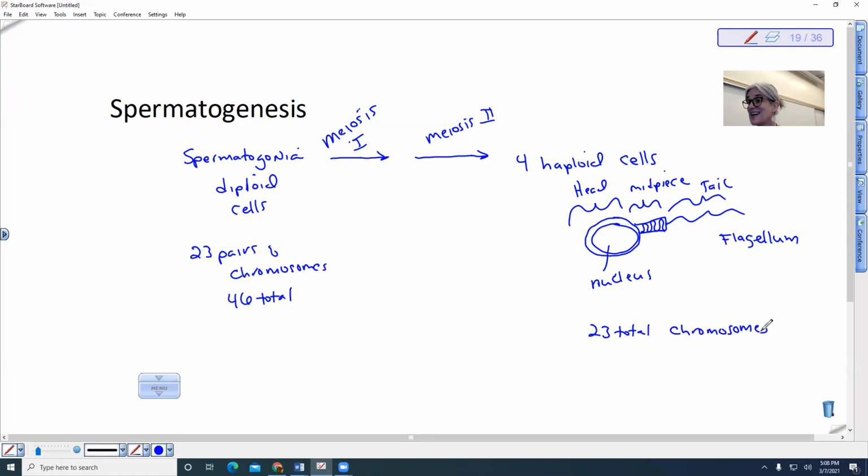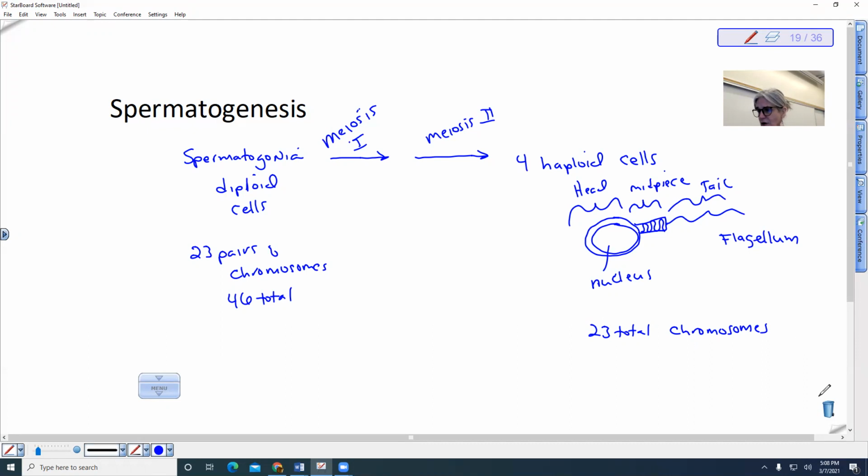So in that case, it has to be the sperm and the egg that come together to produce a diploid fertilized egg that could then become a zygote, and that could then undergo embryonic development to produce a whole new individual that is genetically different from the parents.